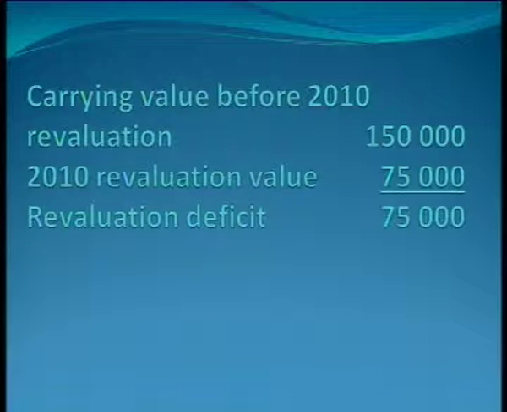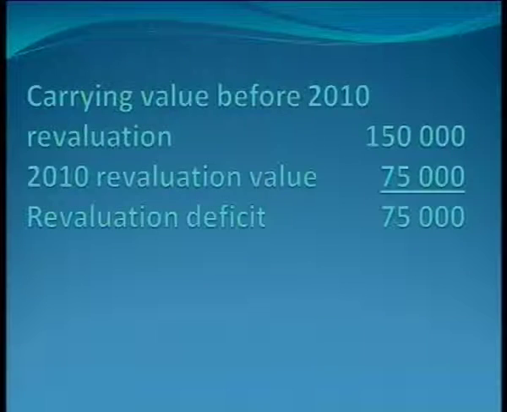At the end of the year, someone came in and revalued this property, and instead of it being worth 150,000, it's now only worth 75,000. The difference is referred to as your revaluation deficit, and it's an expense because now our land is worth less than what we had it previously in our books. So it's 75,000 less than the 150,000 that it was in the beginning of the year.